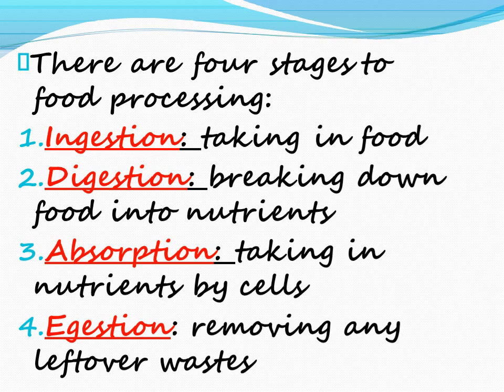The third step is absorption, taking the essential nutrients from the digested food into the respective cells. And the fourth stage is egestion, removing the leftover wastes from the body.